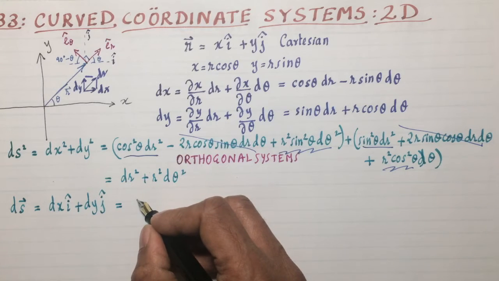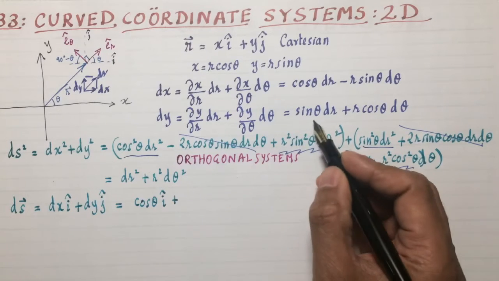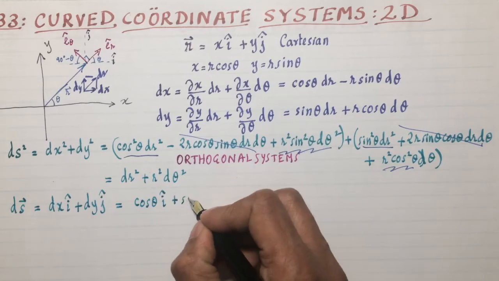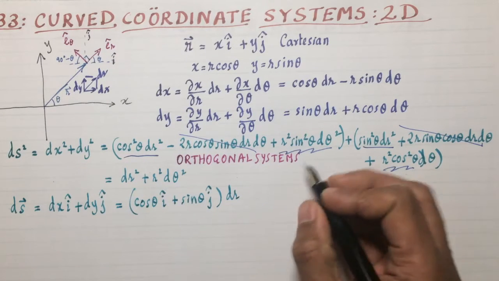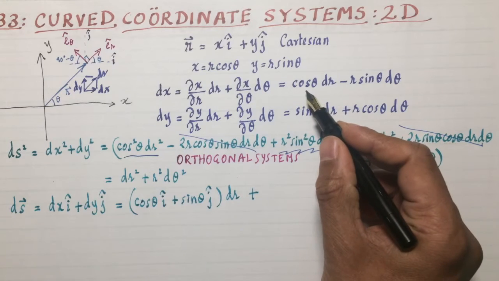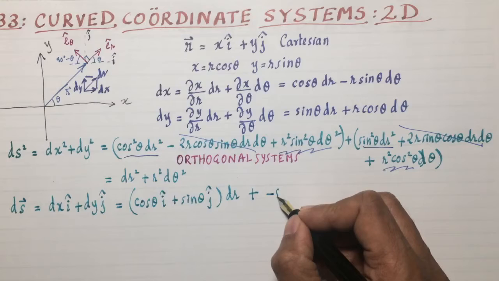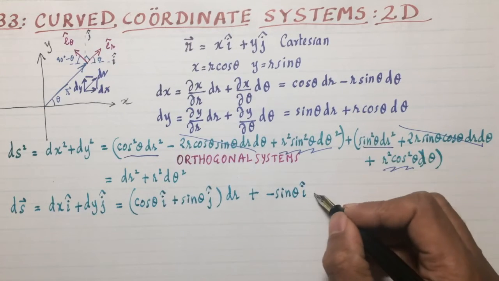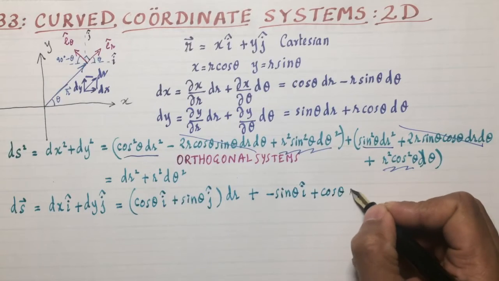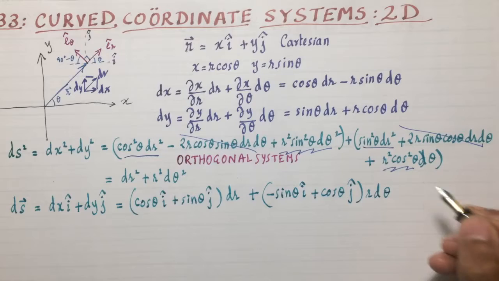That's going to give me cosine theta i hat plus sine theta j hat times dr. So I'm writing all the dr terms together plus all the d theta terms together. So I'm going to get negative sine theta i hat from that and cosine theta j hat from here. And then I have the r outside d theta.